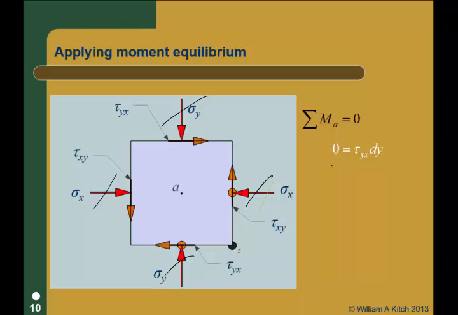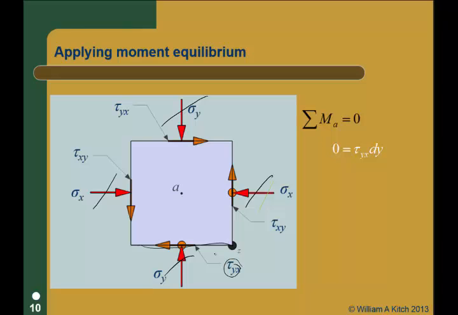So I'm going to start adding up the shear stresses. The first shear stress is tau yx. That's this shear stress, right? It acts along the length dy. If I assume this thing is 1 unit into the board, I'm trying to sum moment, so I can't sum stresses, I've got to sum forces, right? So that shear force is tau yx times dy.